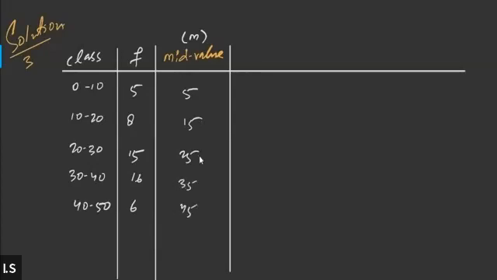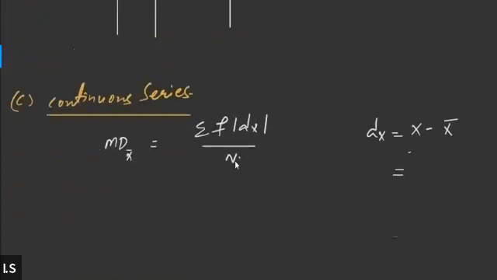Right? Now we will be calculating deviation by subtracting the value of the mean from the mid value. Why are we doing this? Because we don't have the items this time.